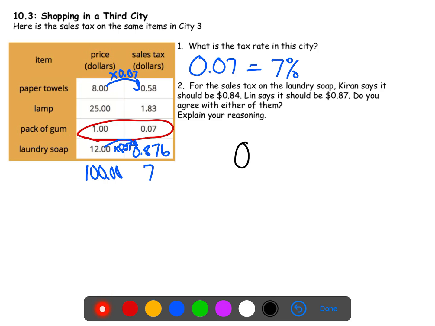So that item should cost an extra 88 cents in sales tax. So Kieran is definitely wrong, but Lynn is also wrong because she rounded down, or she just got rid of this little extra amount because you can't pay it. Unfortunately, that's not the case, and most stores are going to round it up just to make sure they get everything that's owed to them.